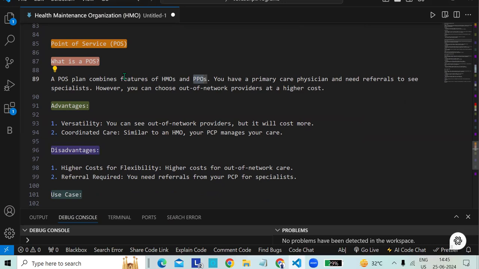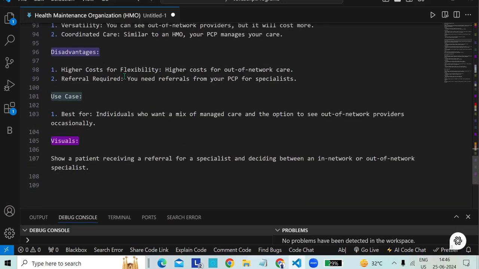In point of service, you need a referral from the primary care physician. I hope you understand. And disadvantages: higher cost for out of network care, and referral required. You need a referral from your PCP for a specialist, right?